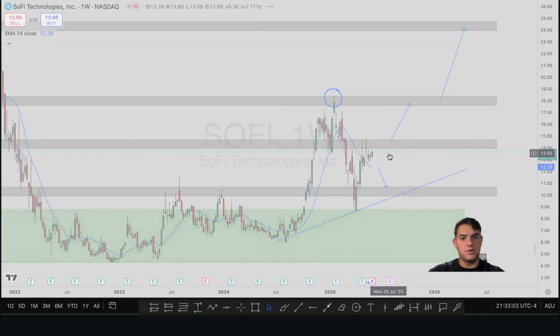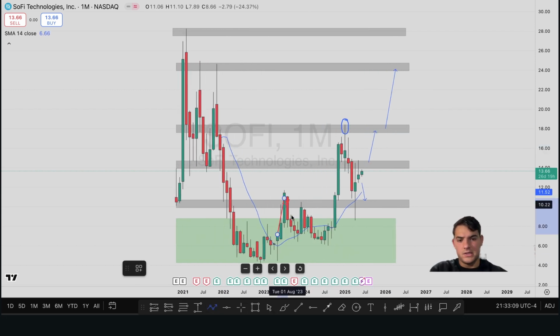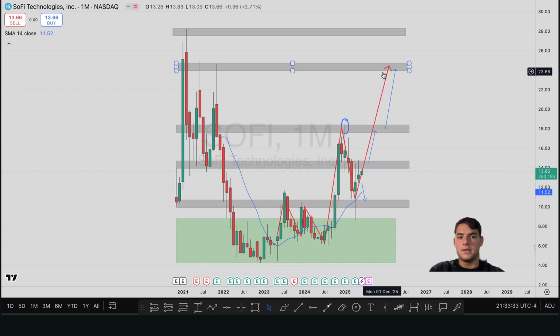Let's see the monthly candle. On the monthly, what I would pay attention to is this gray zone over here, again this area of interest around $10 a share. We broke past $10 a share and we're basically retesting this area on the monthly time frame, trading above the moving average, which is a good sign. Now all we have to do is break this 18 area to then shoot for the 21 and then 24.